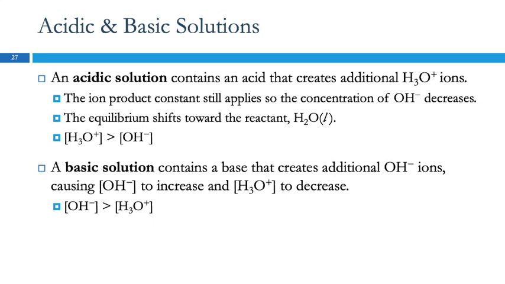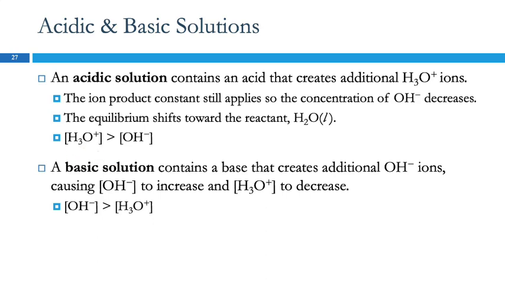So what happens when you add in the extra hydronium ions is that the autoionization of water is shifted to the left to reach equilibrium again. So the concentration of hydroxide ions will decrease, and then we'll see that the concentration of hydronium ions is greater than that of hydroxide ions.